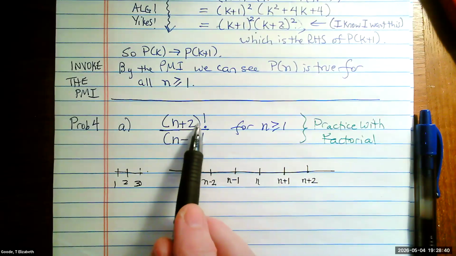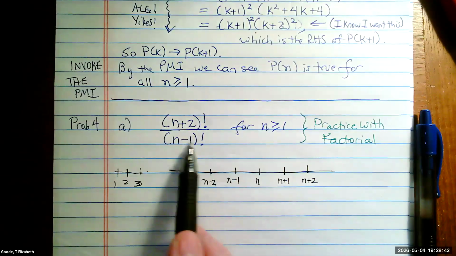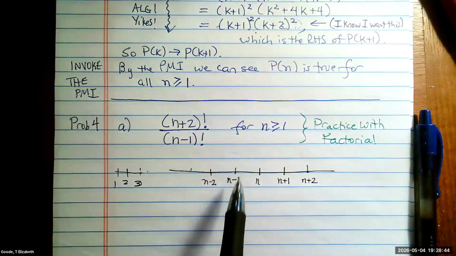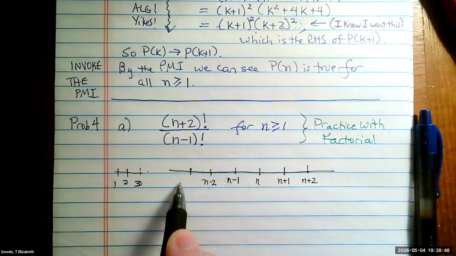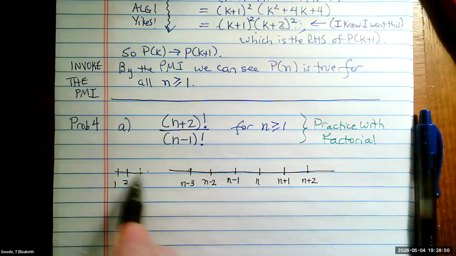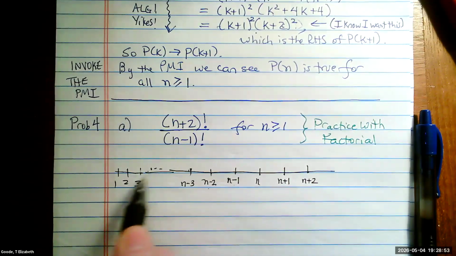And n plus 2 factorial has more factors than n minus 1 factorial, because n minus 1 factorial is just n minus 1 times n minus 2 times n minus 3. Keep on going until you get down to 3, 2, 1, right?